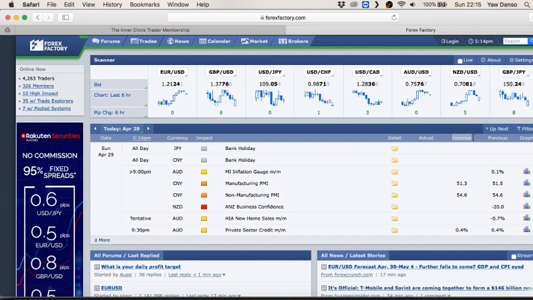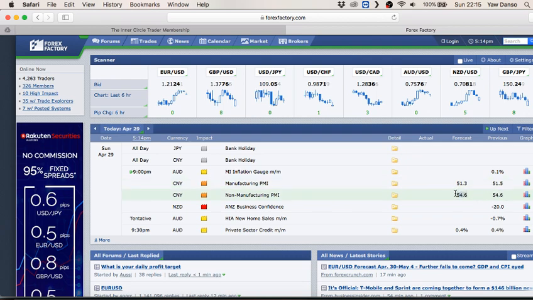The forecast means what the experts are saying is going to come out, and then the actual. So if the forecast that is coming out is better than the previous one, let's say this one for example, the previous one is 54.6.